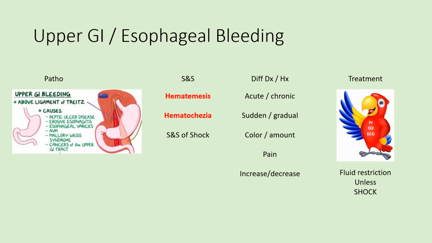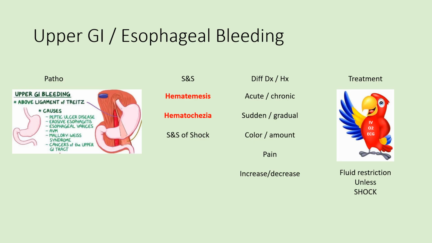With the differential diagnosis, attempt to figure out if it's an acute or chronic problem, how long it's been lasting. Did it come on all of a sudden, or has it been gradual onset? What's the color of the blood? Bright red, darker, coffee grounds, things like that.